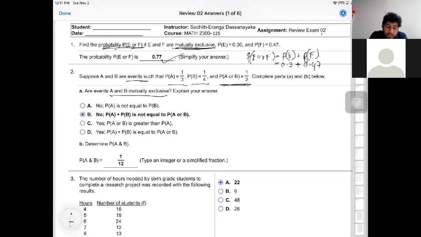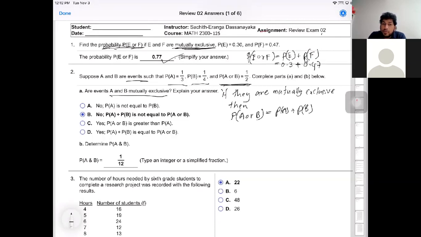If they are mutually exclusive, then your probability of A or B should equal probability of A plus probability of B. Using this formula, you can answer this question.